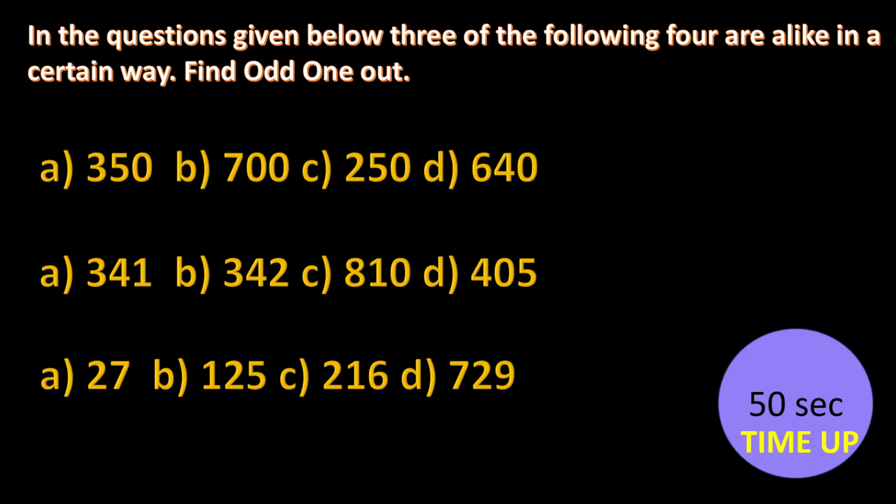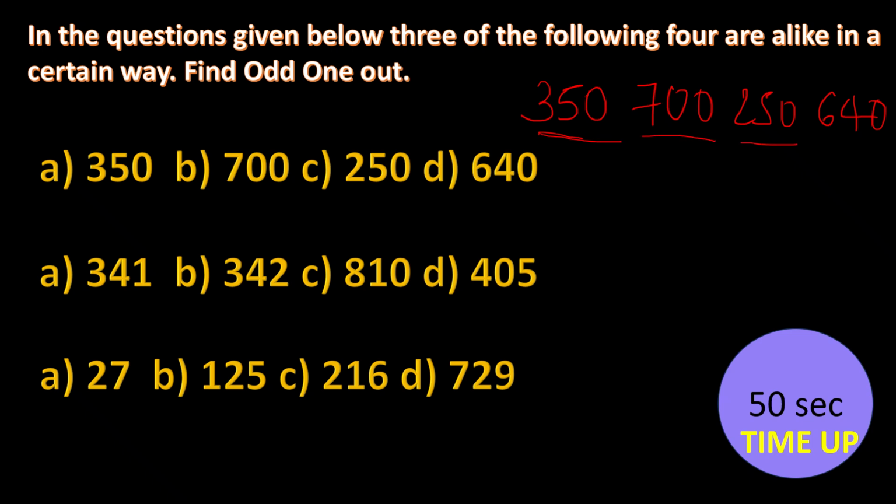So we will see the first one. That is 350 we have, 700 we have, 250 we have and we have 640. So what do you think? Which one is odd one out here? If you observe properly, 350, 700 and 250, they are all divisible by what?